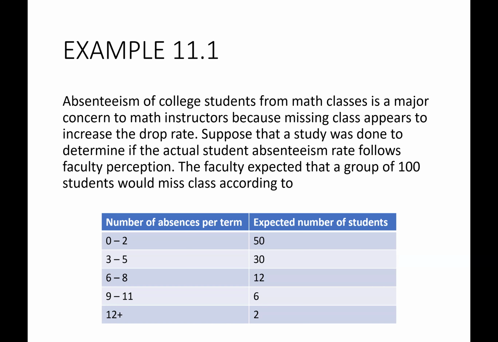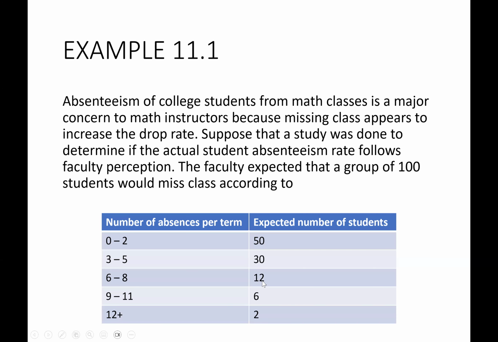Now, whether this is experience or what, they have determined that half of the students will miss 0 to 2 classes, and they expect a third of the students, 30 out of 100, to miss 3 to 5 classes, etc. So this is what they expect to see, and we're going to look at what they actually find out.